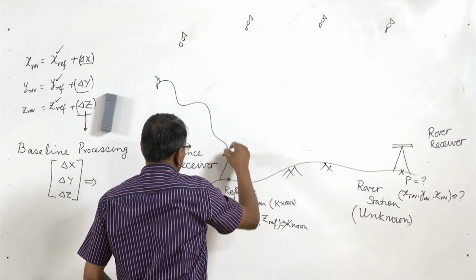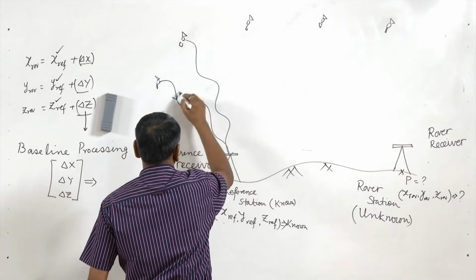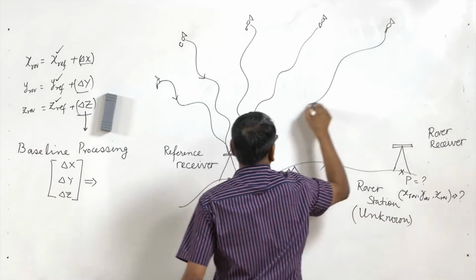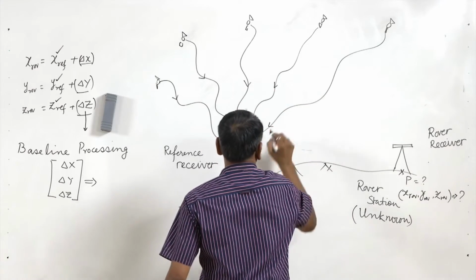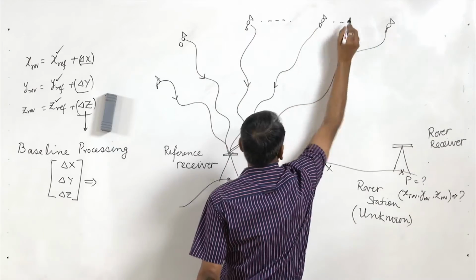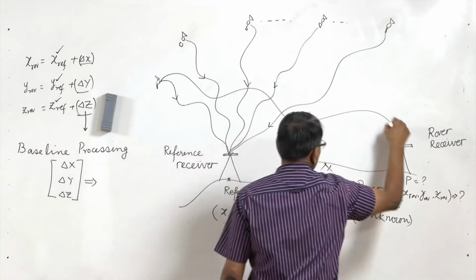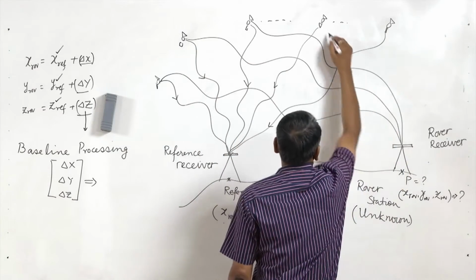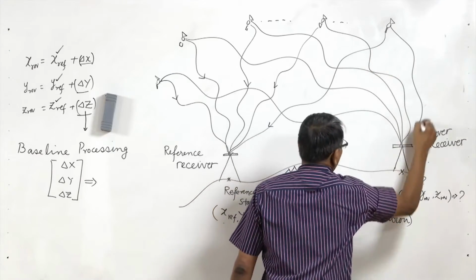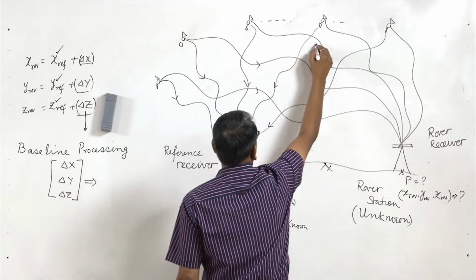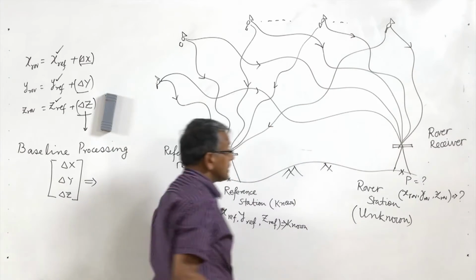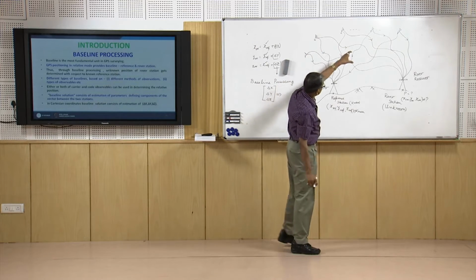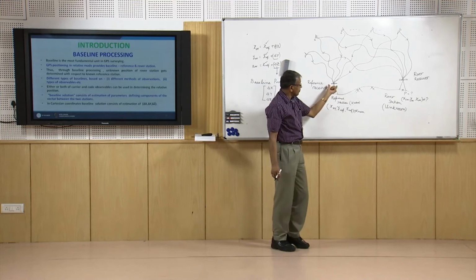So there may be m satellites, and signals are coming from all of them to both the reference and rover receivers.